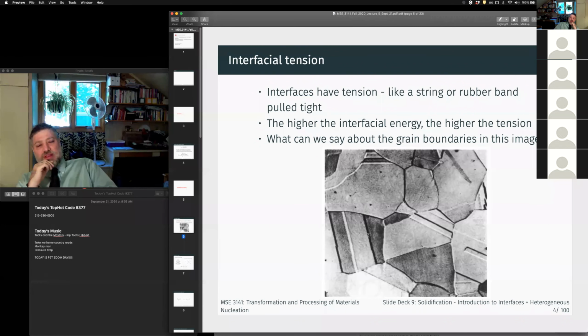And so you end up with a mirror symmetry, and this corresponds to an error in stacking sequence, right? So FCC usually goes A, B, C, A, B, C, right? In the annealing twin, we go A, B, C, B, A, B, C, right? So we have an error here, but I can categorically tell that this is a lower energy interface than these general grain boundary interfaces. How do we know that?